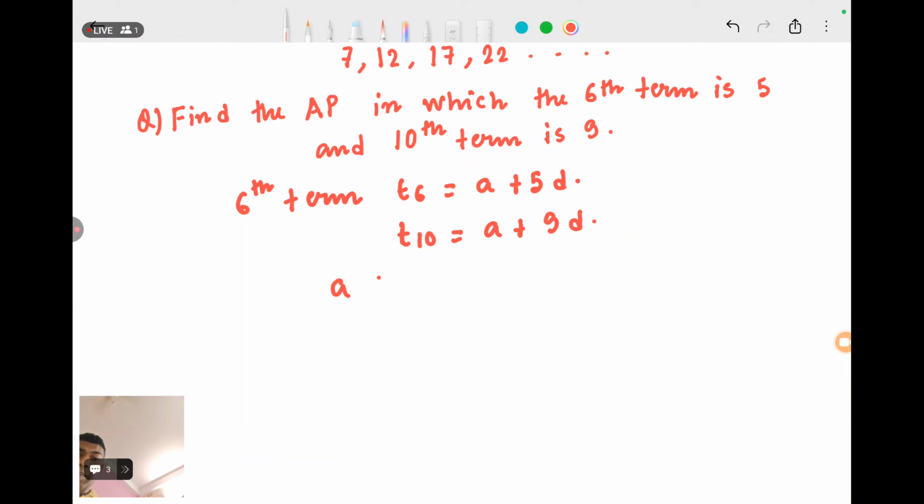So A plus 5D is given as 5 and A plus 9D is given as 9.